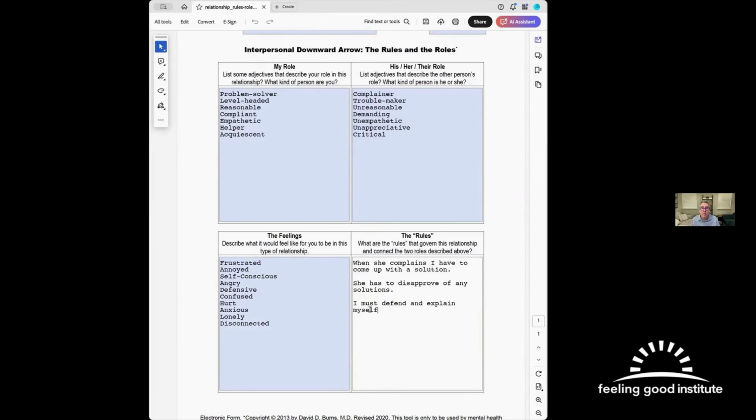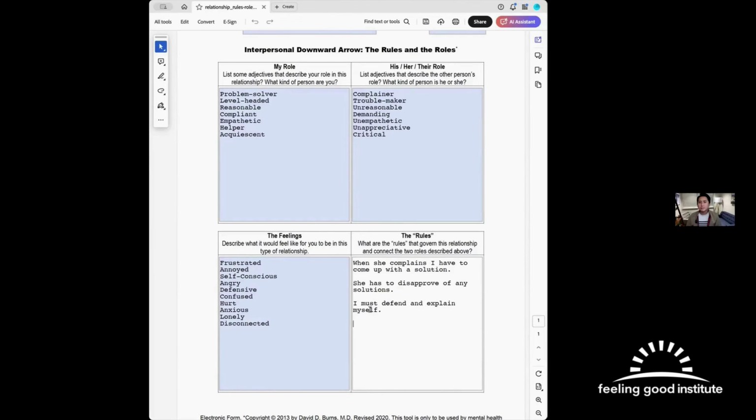Okay. And there's something that just jumped into my mind as I was considering these roles and the feelings that come up for you. It looks like there's not really a chance for you to talk about what this feels like for you.